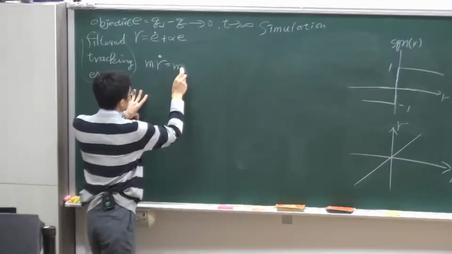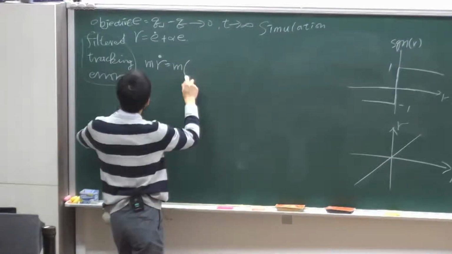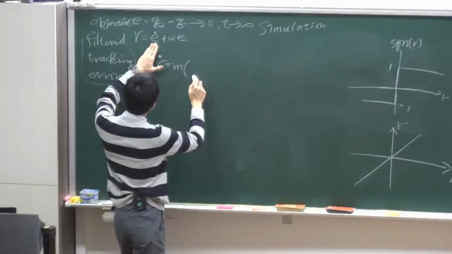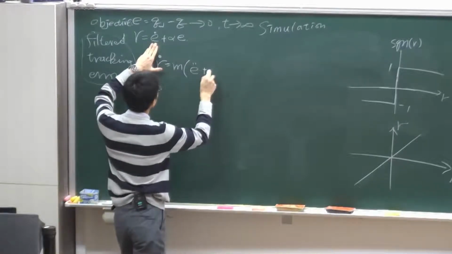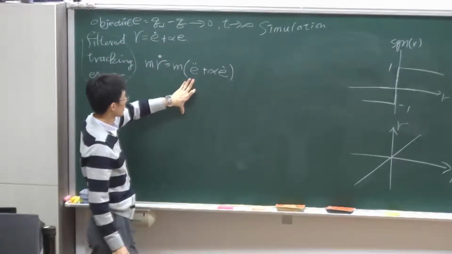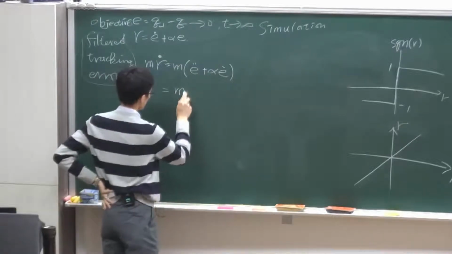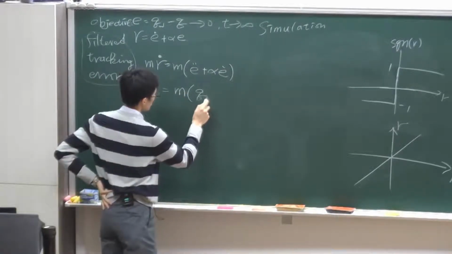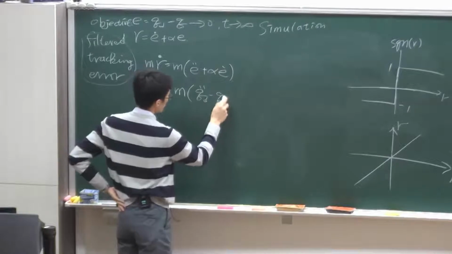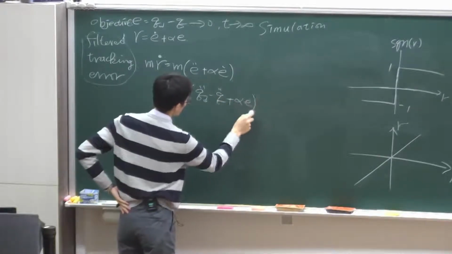So M R dot, because there's another M in front of the Q double dot, right? So M R dot is, you take the time derivative on here, and where's the M Q dot is in here, right? So you expand this Q d double dot minus Q double dot plus alpha E.